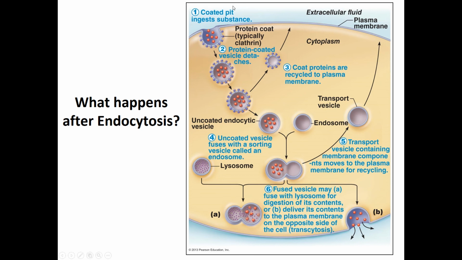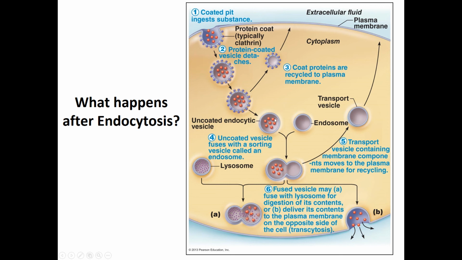Once again, as you begin to engulf some kind of particulate matter or a bacterium or cellular debris, that enters the cell as one of these vesicles, which we called a phagosome earlier. If it happens to be clathrin-coated with those receptors, then that becomes uncoated here, within the middle of the process. And those receptors can actually be recycled and implanted back into the plasma membrane to facilitate more receptor-mediated endocytosis at a later time.